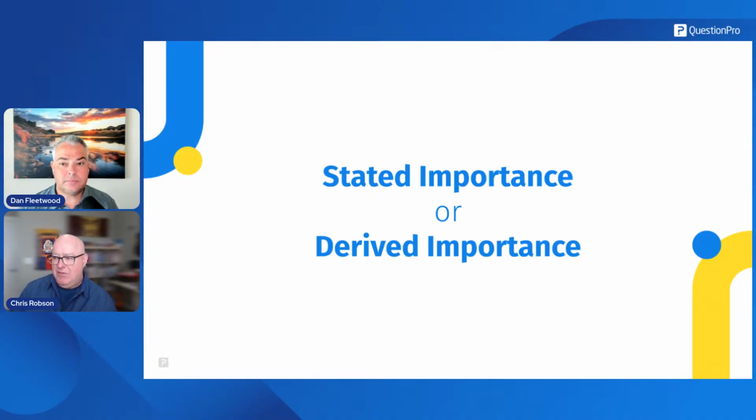Historically, it's been about a bunch of scale questions, on a scale of 1 to 5, how would you rate? Because to get derived importance, you have to rate a specific company or product. So maybe you'd be rating Mercedes on all these different things, and then you would run a form of regression, which I think we'll get to later, to get the derived importance.